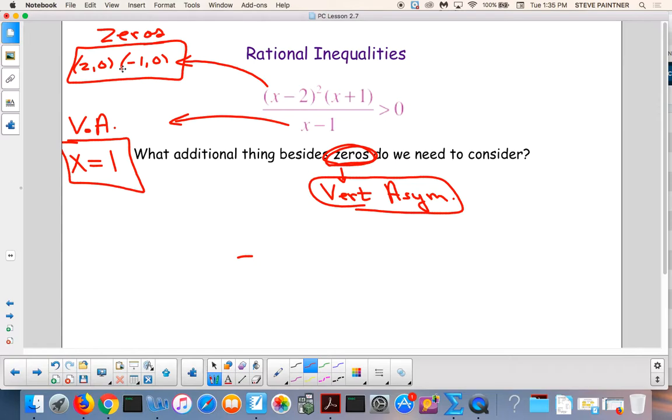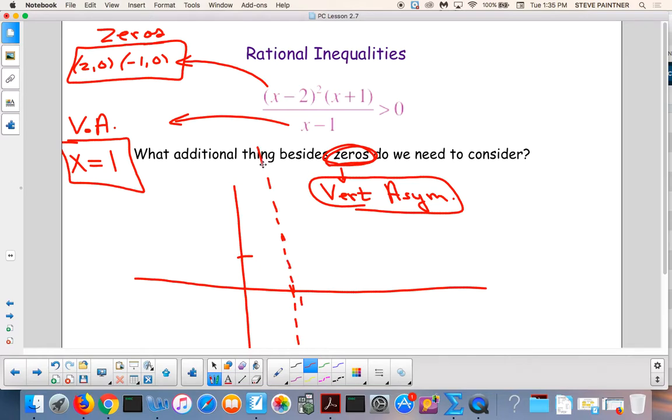So if I do this right now, okay? Negative 1, right here, at 1. There's your vertical. Your zeros are what? 2 and negative 1. Okay. What else?